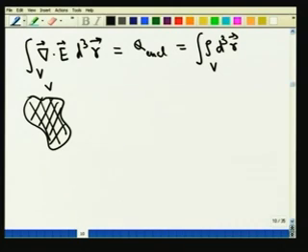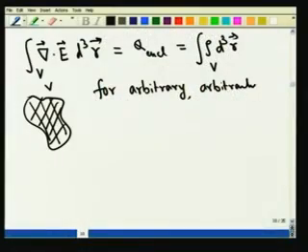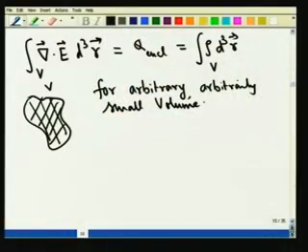We are making an assertion that integral of divergence E d cubed r is equal to integral of rho d cubed r for arbitrarily small volumes. Volumes, let me not call it a volume element.